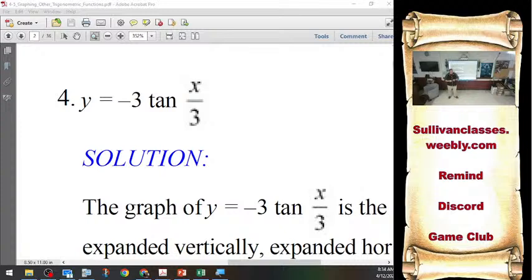Because what used to be an x-intercept was a 0. So all of my x-intercepts, zeros, when I reciprocal them, now become undefined. They become asymptotes.